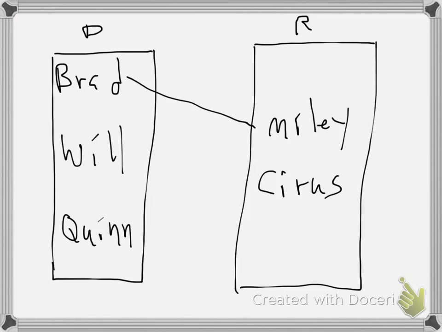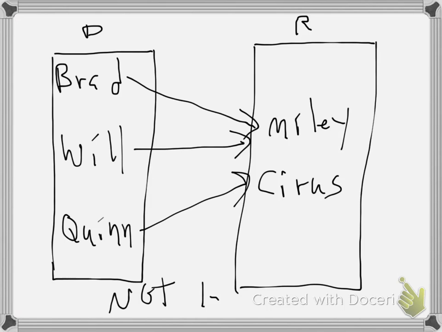Right. So now if we drew an arrow to each of that, now every input has exactly one output, but it's not one unique output. This is not 1 to 1.